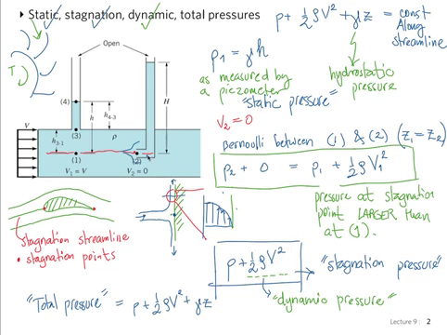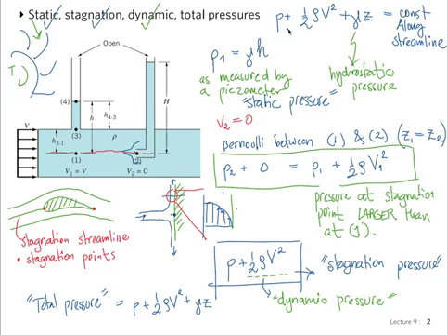Now, at this point, the dynamic pressure has gone to 0, and the static pressure has increased, but the total pressure did not change. And that's what Bernoulli's equation is telling us. We can interpret Bernoulli's equation as saying that the total pressure is constant along a streamline. So it can only be changed from one form to another, but the total pressure must be constant.